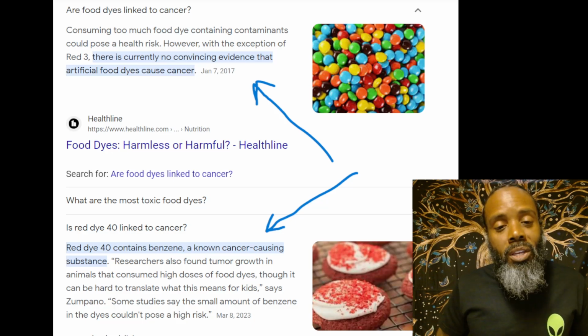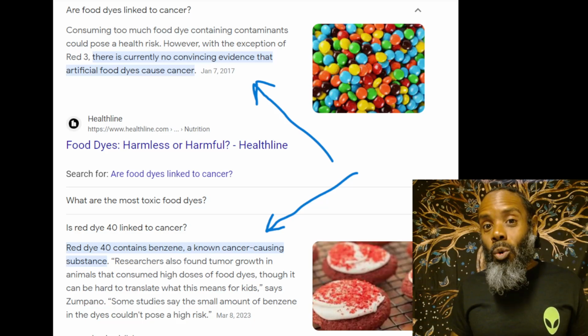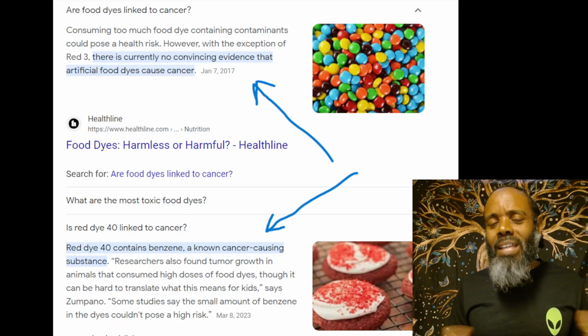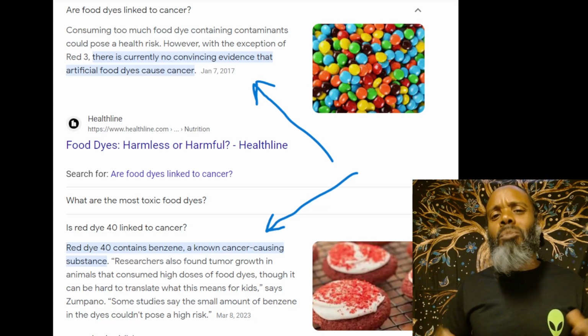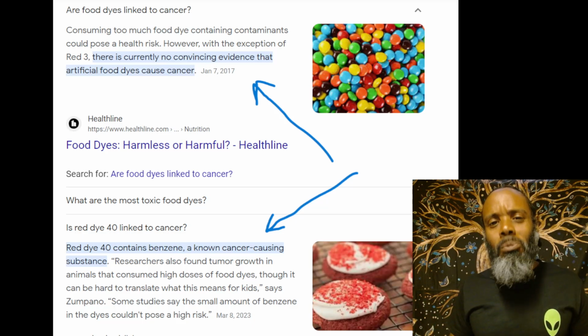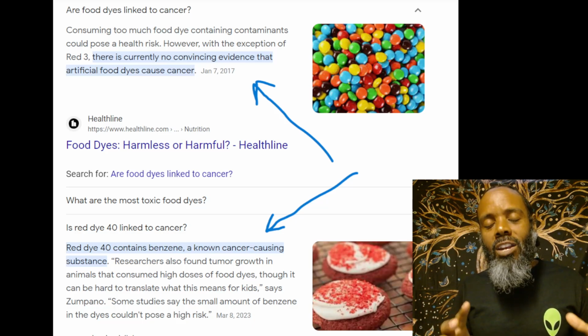So, I've been studying this for a long time, and I kind of know how to dig. I know where to dig. I know some questions to ask. Sometimes it's not just about asking questions, it's about asking the right questions. And to some degree, not claiming to be an expert, I know the right questions to ask.